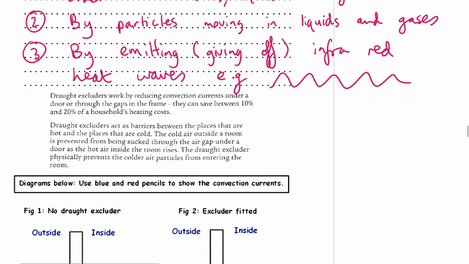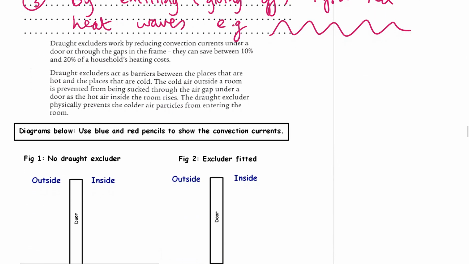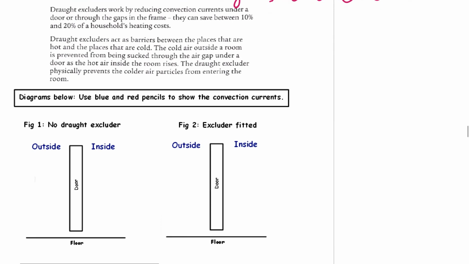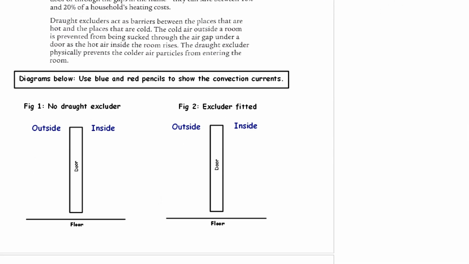Then, final thing, draft excluders work by reducing convection currents under a door or through gaps. They can save between 10 to 20% of a household's heating costs. So let's go through this now. No draft excluder.